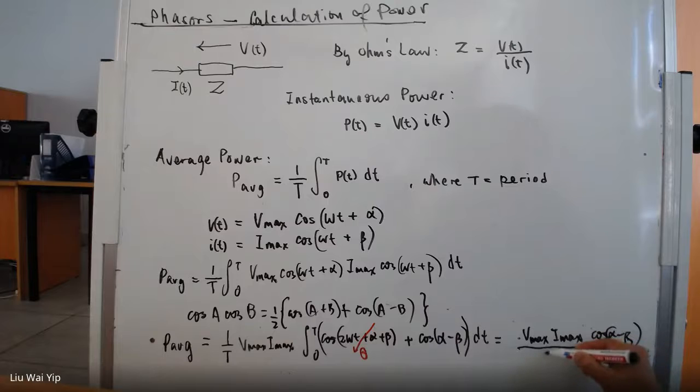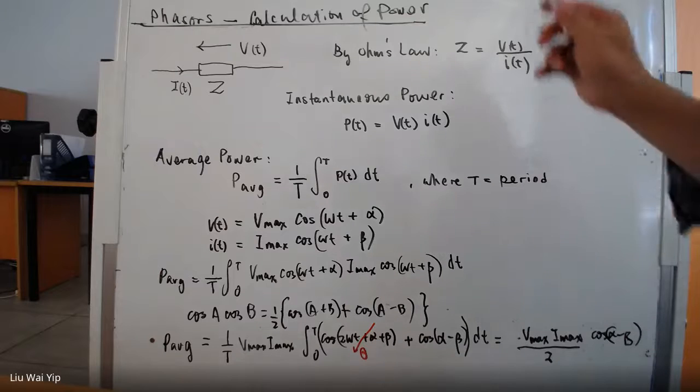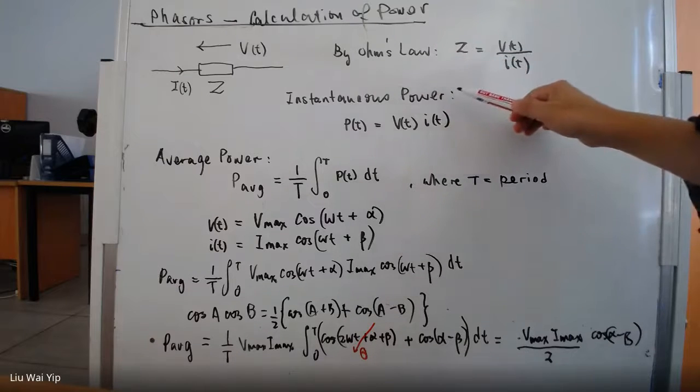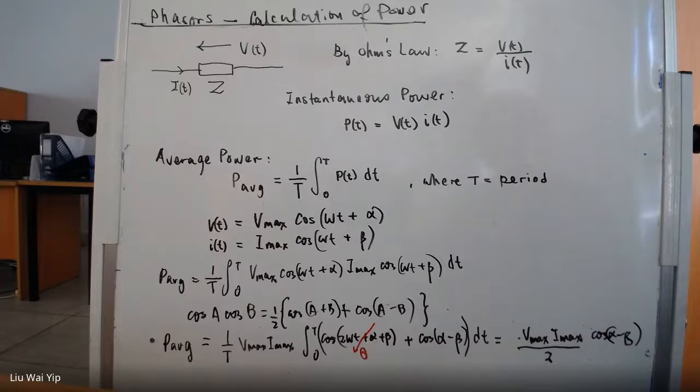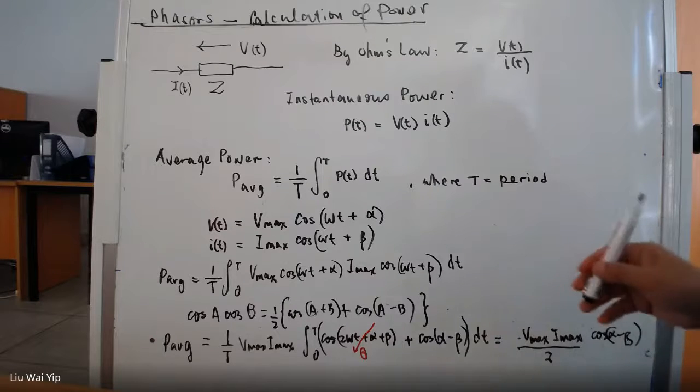So in other words, when you find the average power of It times Vt, what we are going to get is the maximum value of V times the maximum value of I divided by 2, and then multiplied by the cosine of the phase difference between the voltage and current.